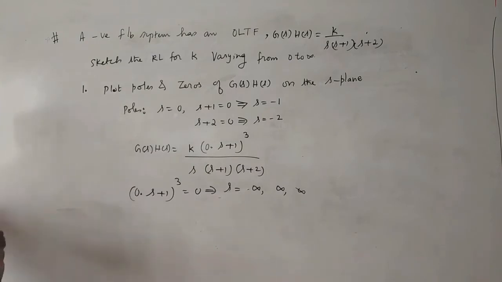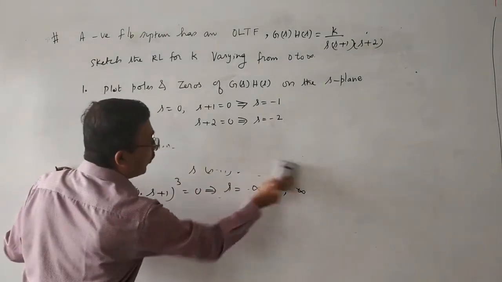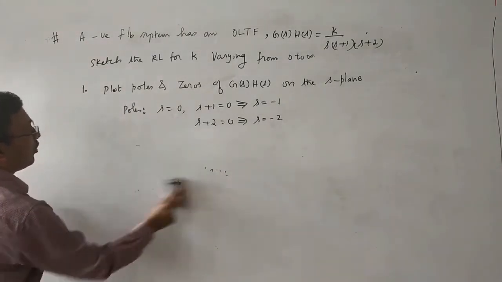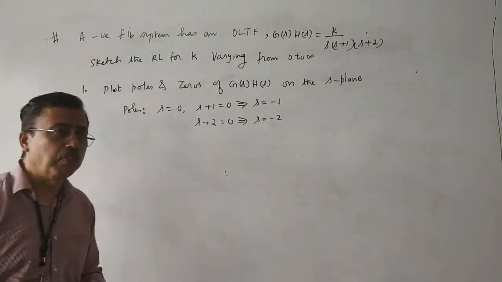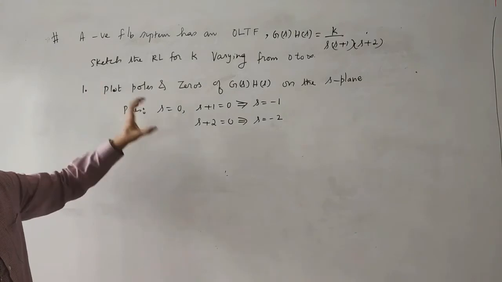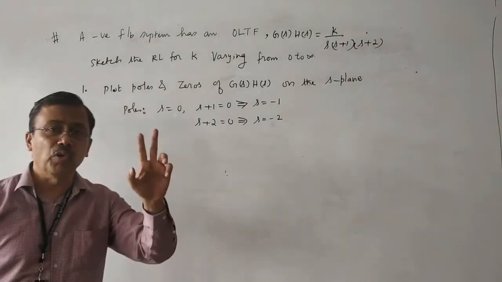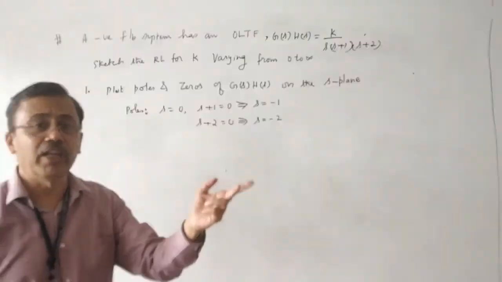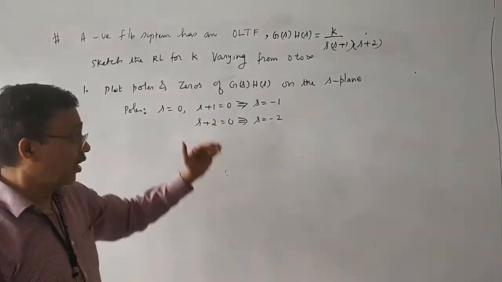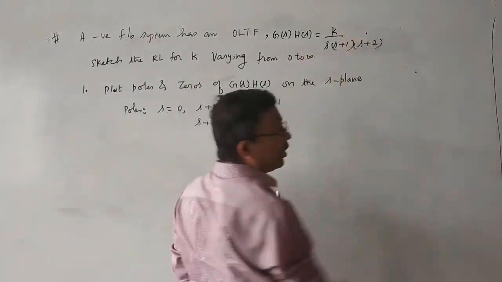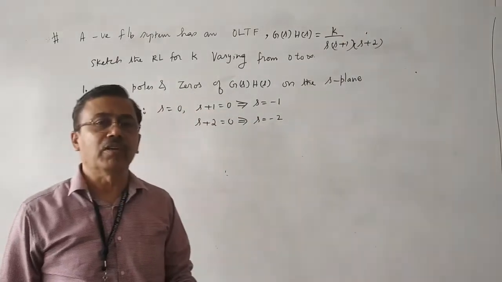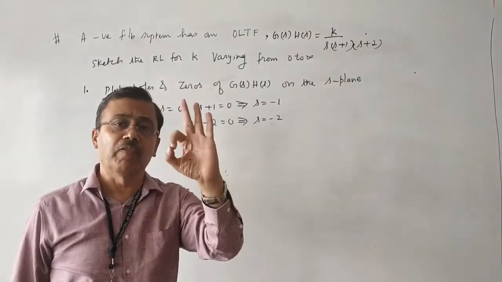In this problem, this aspect you don't write in the examination, it is for your understanding. Number of poles must be equal to number of zeros. In zeros, there are two categories, finite zeros and infinite zeros. In this case, there are no finite zeros because there is no numerator polynomial. There are only infinite zeros. How many infinite zeros? Three infinite zeros.